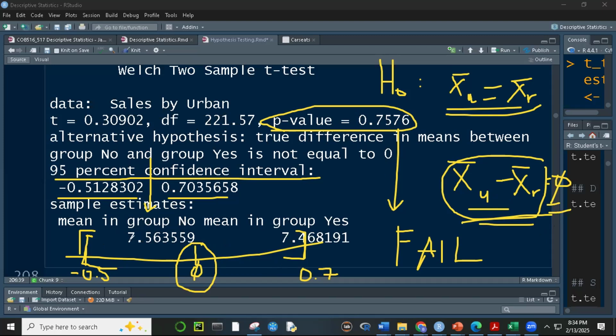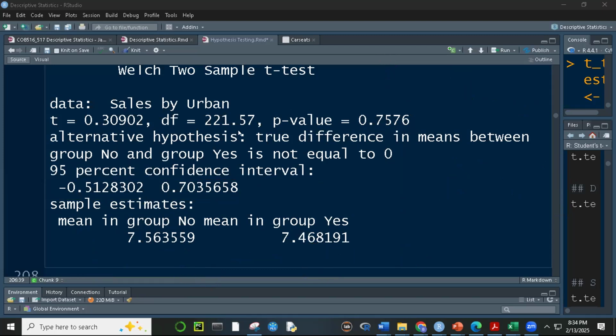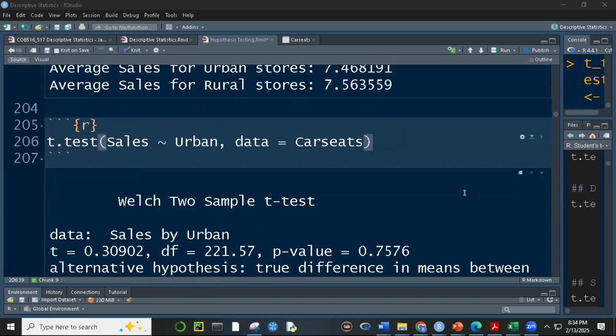In fact, this is what we got a while ago. This is the mean for no, which is rural, and the mean for yes, which is urban. So this is an example of a two sample test. We're comparing the means of urban and rural. They're independent samples.